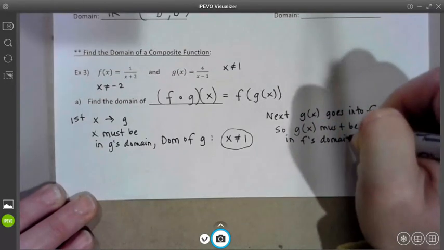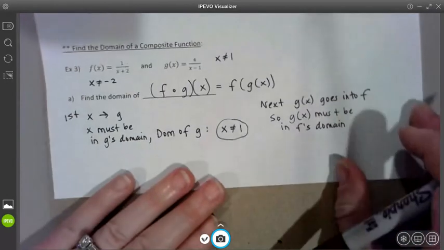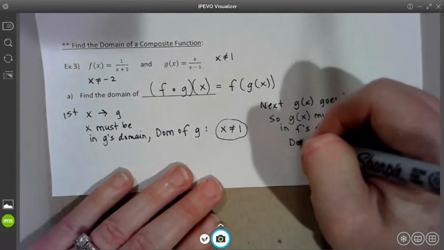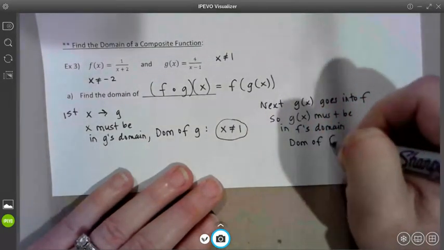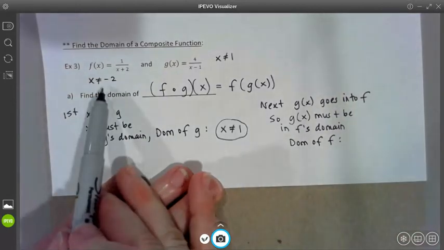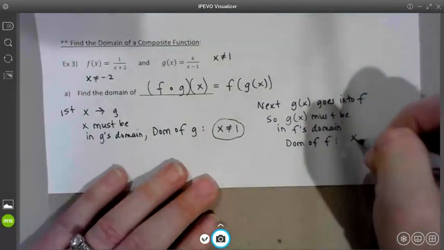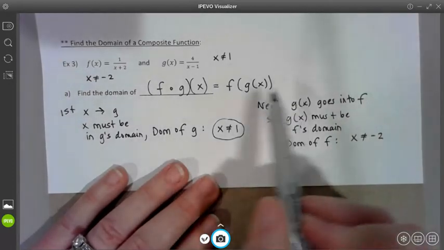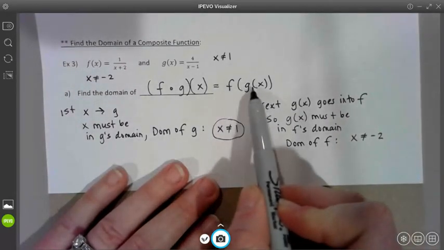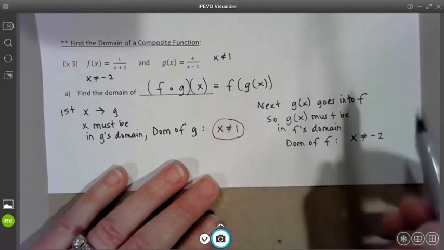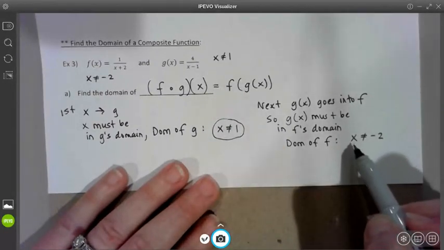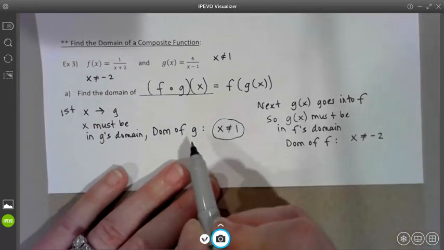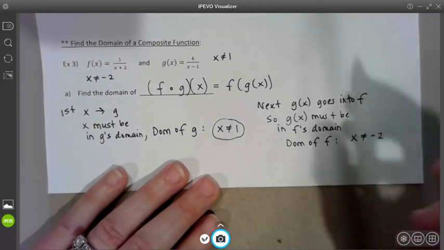Okay, well, what did we say is the domain of f? The domain of f, we said, is that x can't be -2. Okay, but remember, it's not x that actually ends up going into f. It's g of x that ends up going into f. So in this case, it's not x that we don't want to equal -2. We want to make sure that the output from g of x never equals -2.